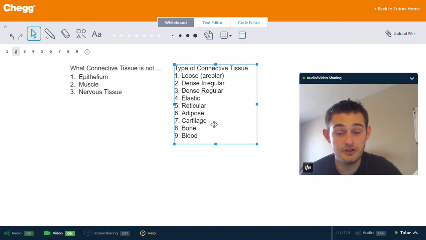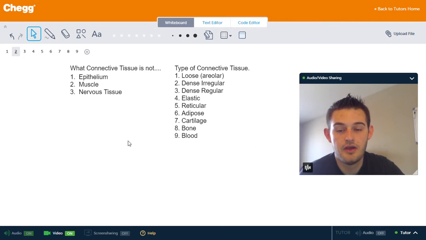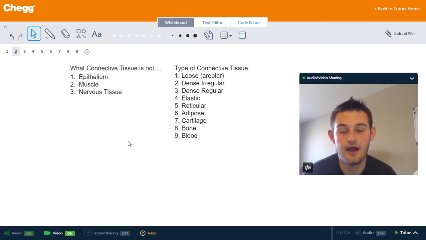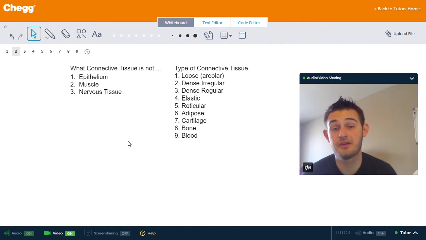In cartilage, we'll have a chondroblast, and in bone, we'll have what's called an osteoblast. And these cells will secrete substances such as elastin, proteoglycans, different types of extracellular sugars, and that will give structural characteristics to the type of connective tissue we're talking about. And that's really what's going to make the connective tissue what it is, okay?